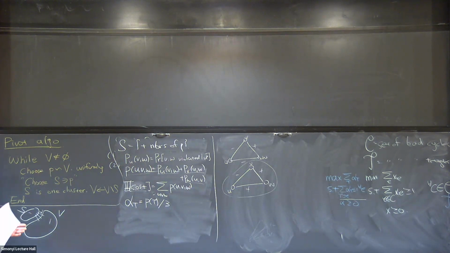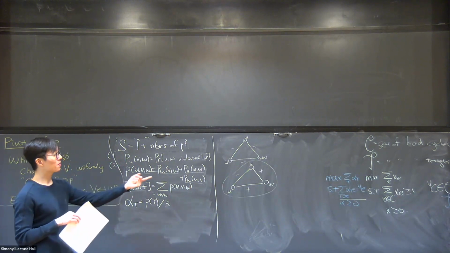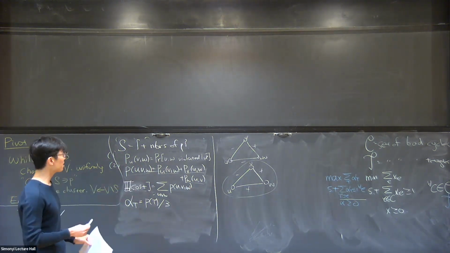Okay, if you buy this, then why should this inequality be satisfied? Let's look at the one edge UV.